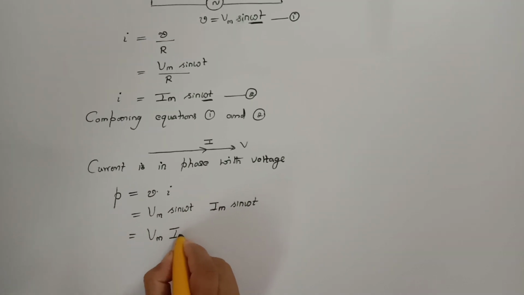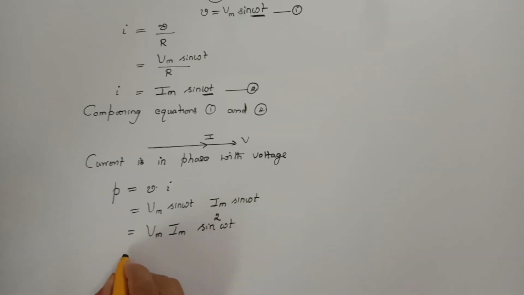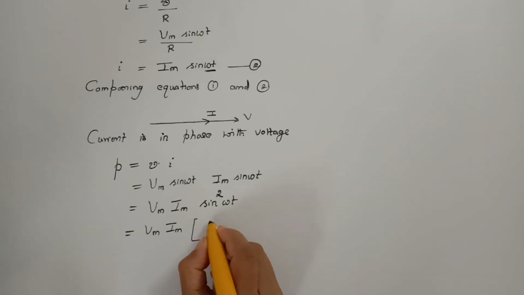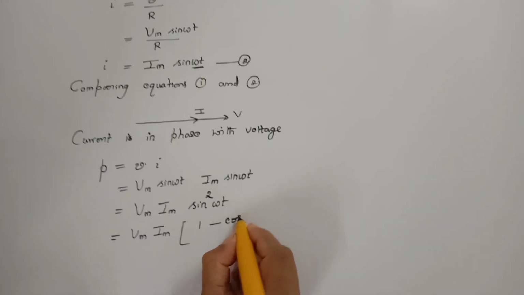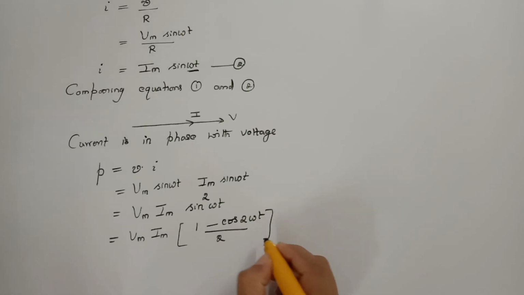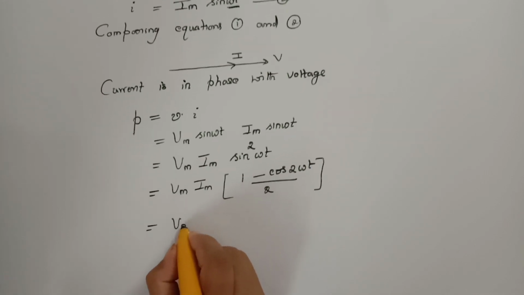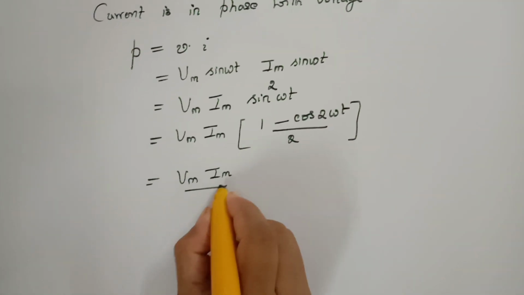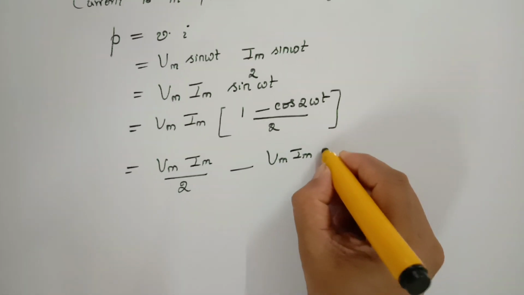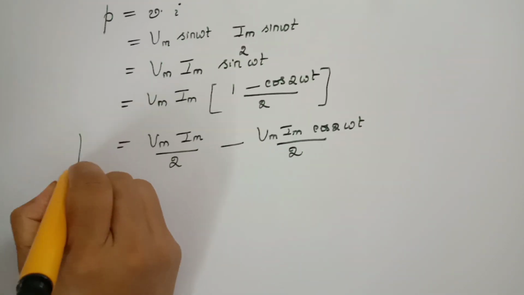We can write Vm Im sin square omega t, or you can replace sin square term with cos term, that is 1 minus cos 2 omega t by 2. Now we'll split the term: Vm Im by 2 minus Vm Im cos 2 omega t by 2. This is the instantaneous power.